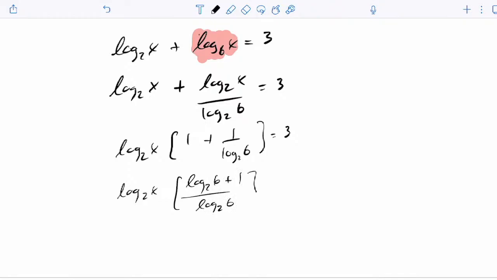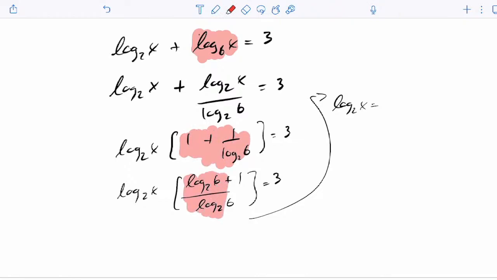The only thing I'm doing here is getting a common denominator, putting it all together. And this becomes log base 2 of x is going to equal 3.